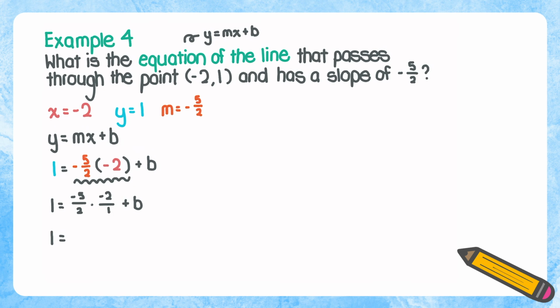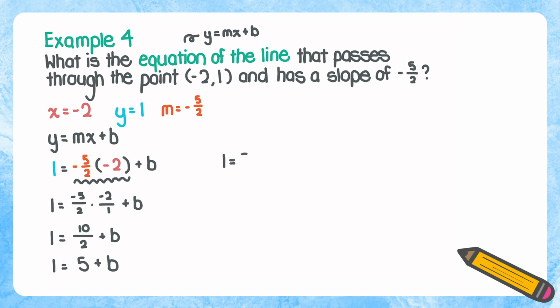Okay, so multiplying the numerators together, negative 5 times negative 2 is 10, and then the denominators, 2 times 1 equals 2, and then plus b. And notice I can simplify, so I have 1 equals 5 plus b. And let me know if you have any questions about this process.